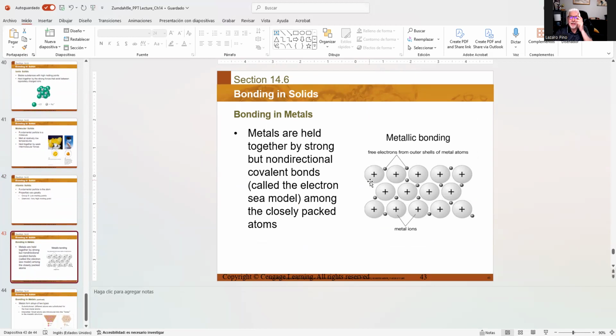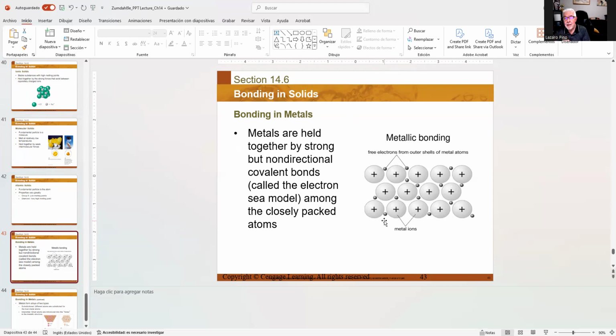Here we have the metallic bond. In the metallic bond, the cations are in fixed positions in the solid, while the valence electrons are free electrons and they move in a cloud around this structure made by the cations.